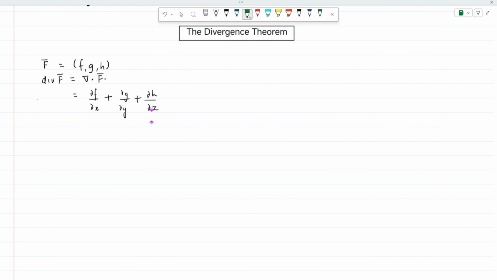And this follows from here. Since grad is the partial derivative operator, it has components partial with respect to x, partial with respect to y, partial with respect to z, and F has three components F, G and H. And by means of the dot product, this is the result that we end up with. Now let's move on to a simple numerical.